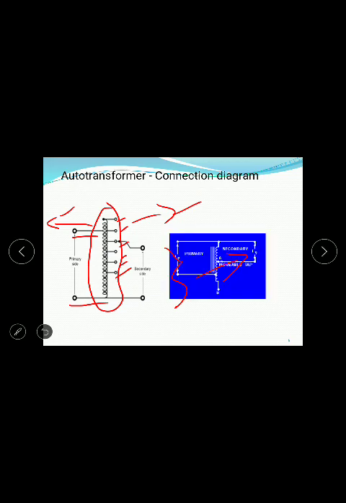In this case, this is the step up, and in this case, the step down. Here the primary and here the secondary, and here the movable part, tap changing. Observe this figure.